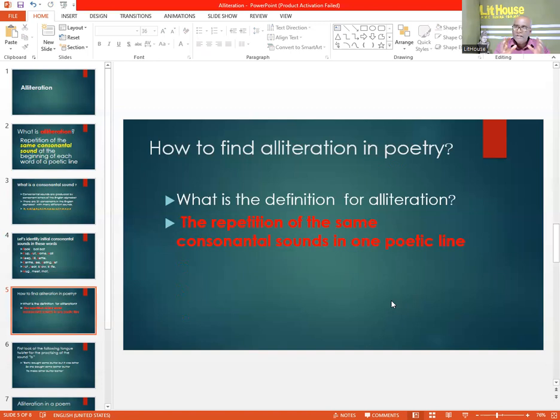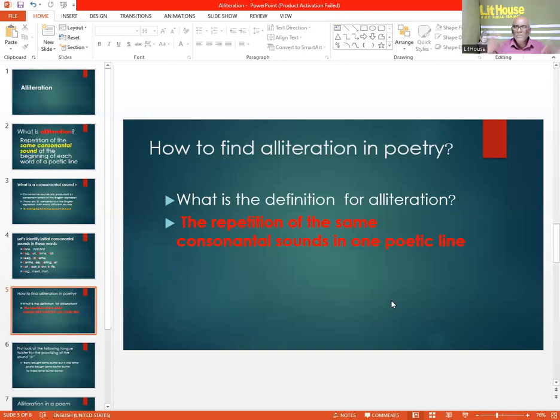Now, how do we find out the actual use of alliteration in poetry? Now, inborn poets, the poets by birth, they use these sounds automatically without any forethought, because they are naturally born to write lyrical poems.